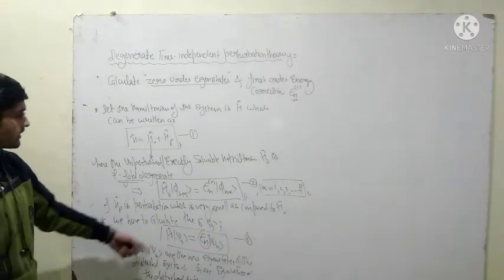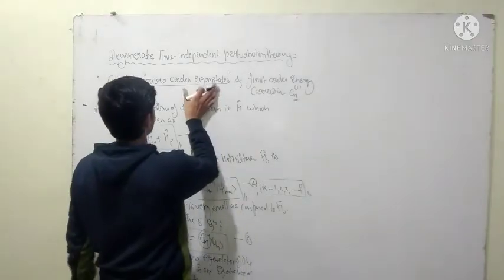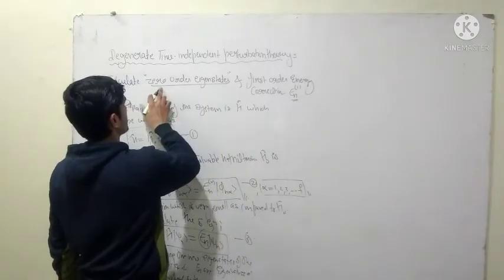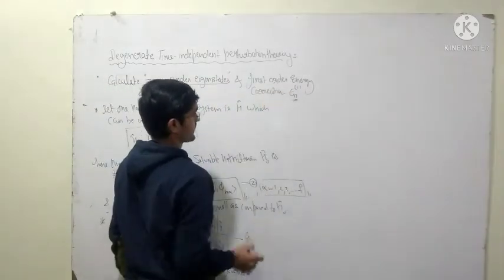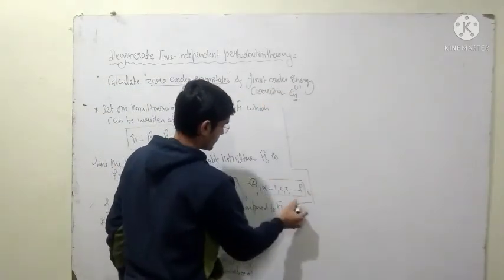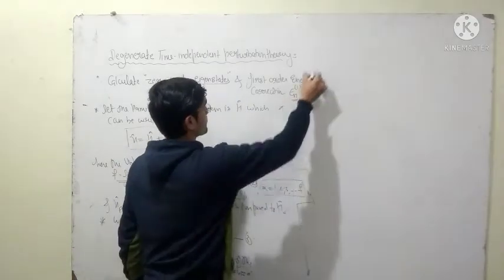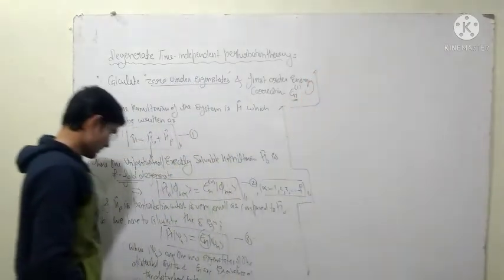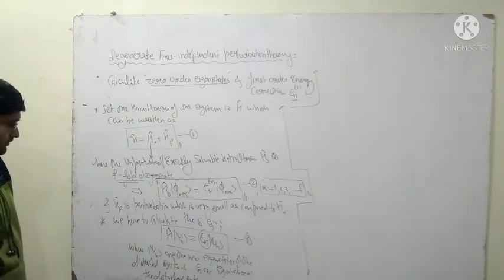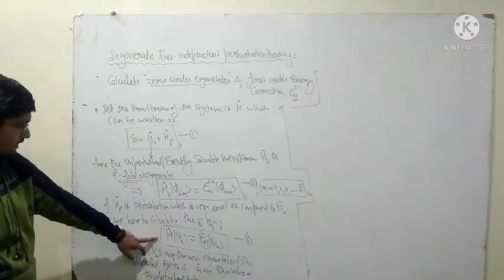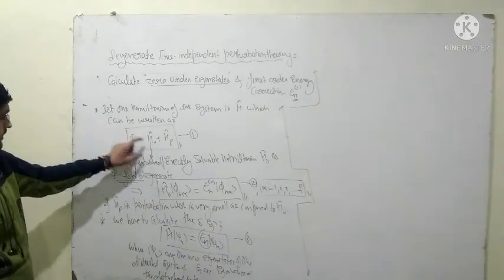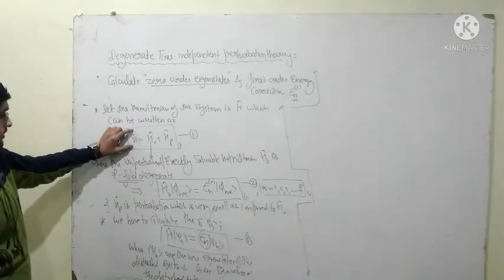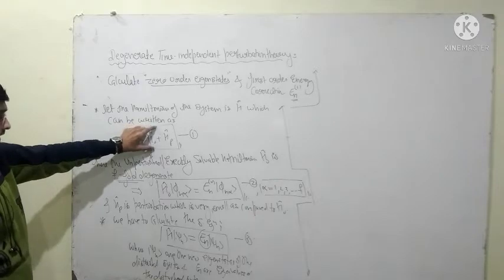First of all, you just have to remember these two quantities, right? We are looking for the zero order eigenstate and the first order energy correction. Just these quantities that we are looking for. Now you just have to solve this particular equation. You can replace this Hamiltonian by this particular equation because we have assumed that the Hamiltonian of the disturbed system can be written in this particular form.